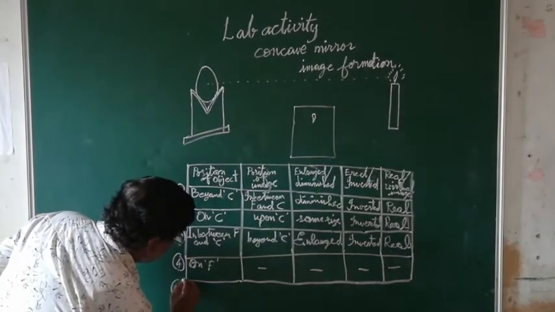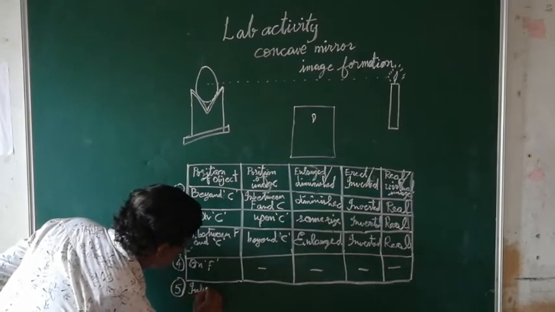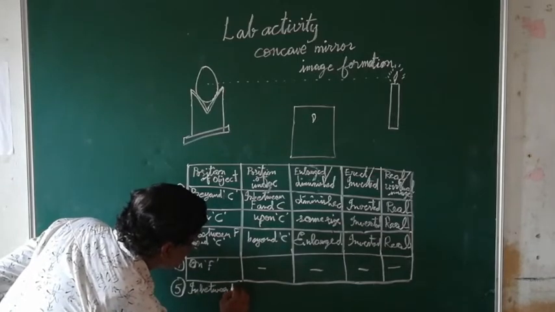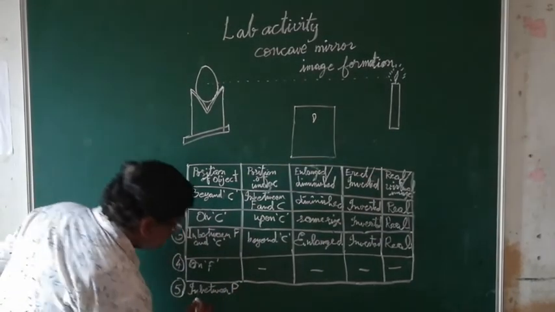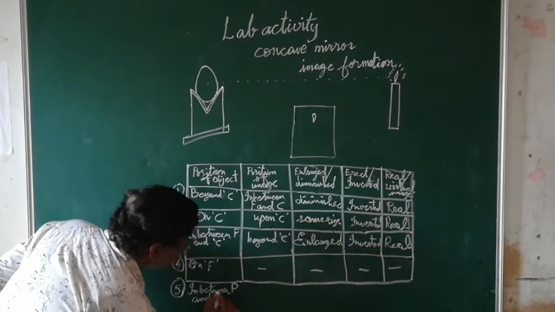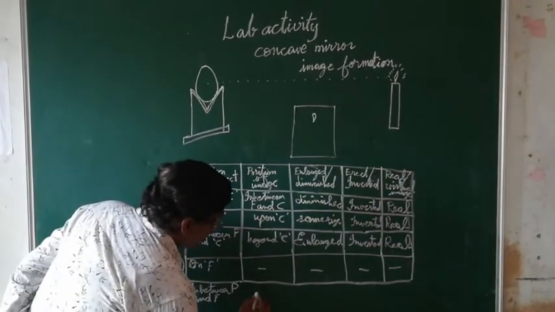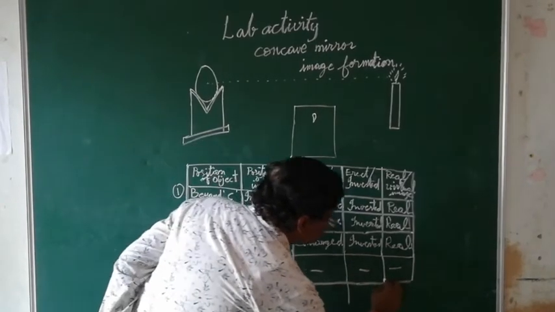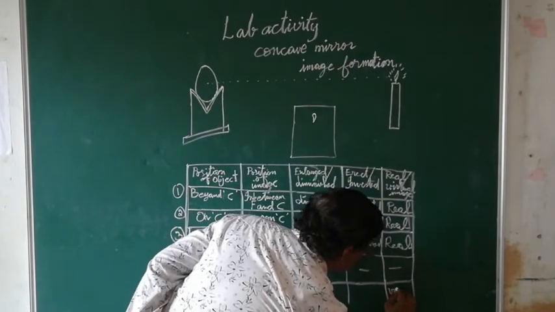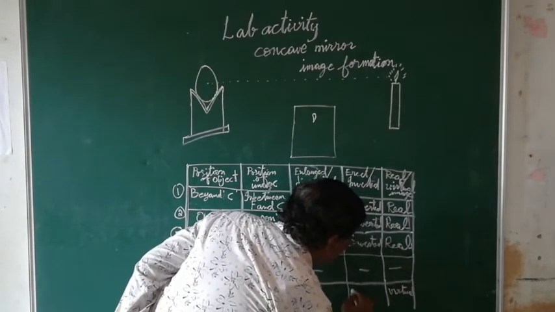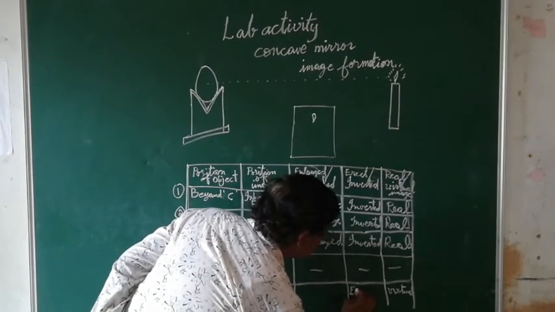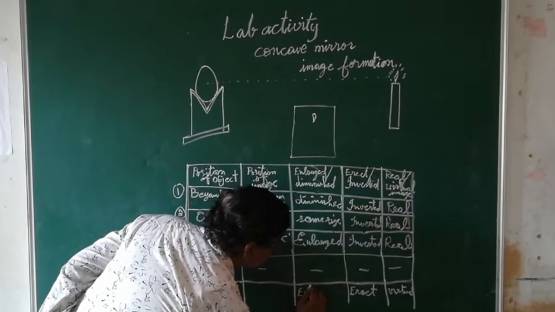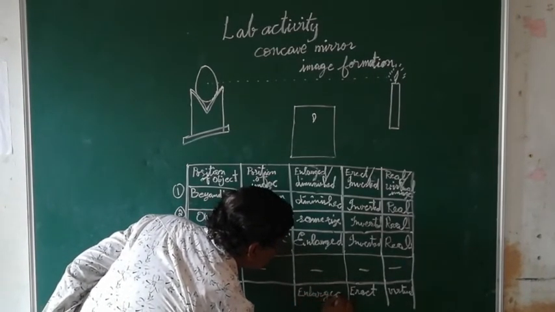Next, if we keep it in between the pole, that is the mirror, and F, behind that mirror we can get a virtual image, but erect, enlarged or magnified.